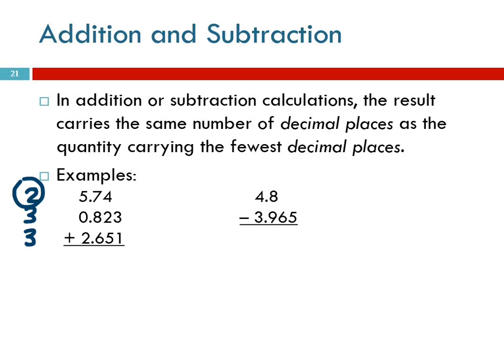So when you do this on your calculator, 5.74 plus 0.823 plus 2.651 equals, my calculator is showing me 9.214. My analysis tells me it can only have 2 decimal places, not 2 significant figures. These 2 decimal places and anything that comes before that. So I'm going to report this as 9.21.